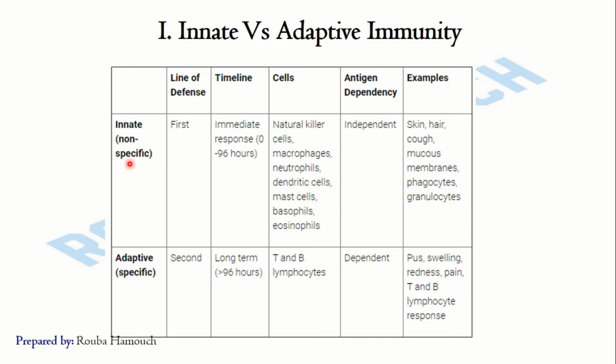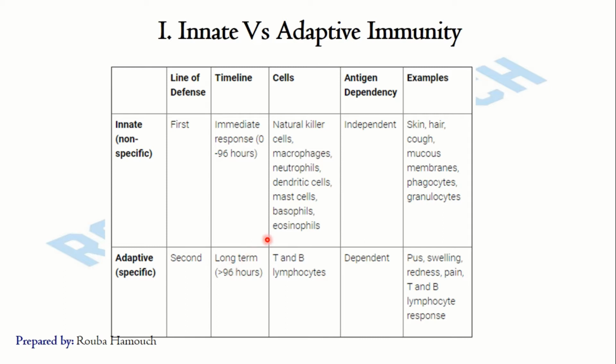The innate non-specific immune response is immediate. It is triggered a few hours following the invasion. The adaptive specific immune response is delayed and long-lasting. It appears within a few days following the persistence of the infection.